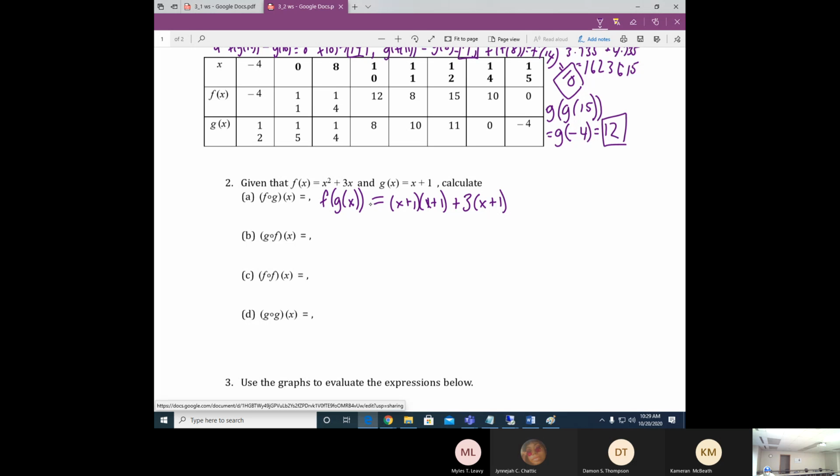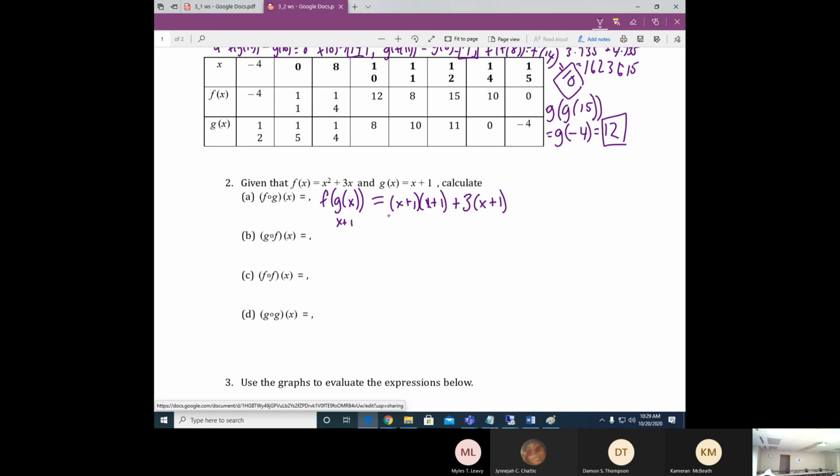This is f of g of x. I take g of x, which is x plus 1, and I feed it into f of x. So wherever I see an x, that becomes x plus 1. So x squared becomes x plus 1 times x plus 1. 3x is now 3 times x plus 1.